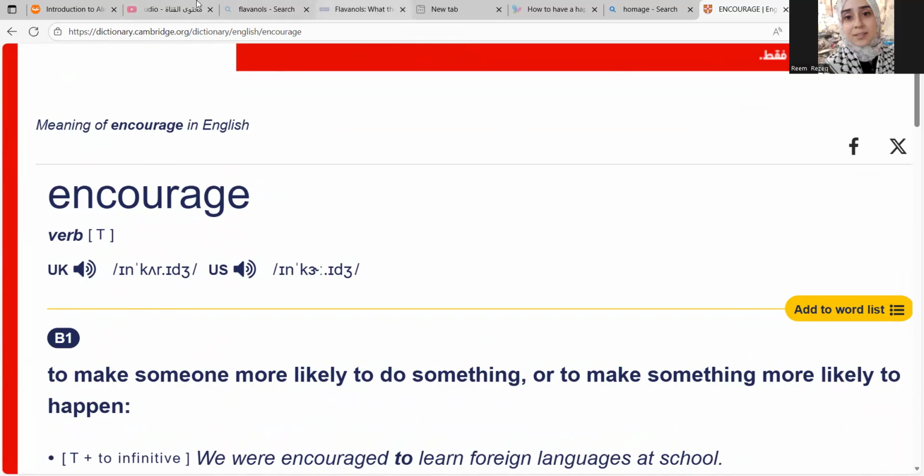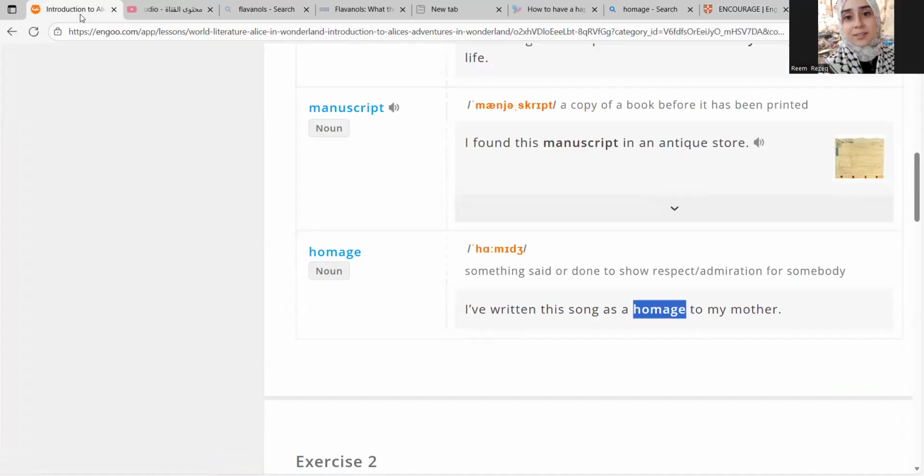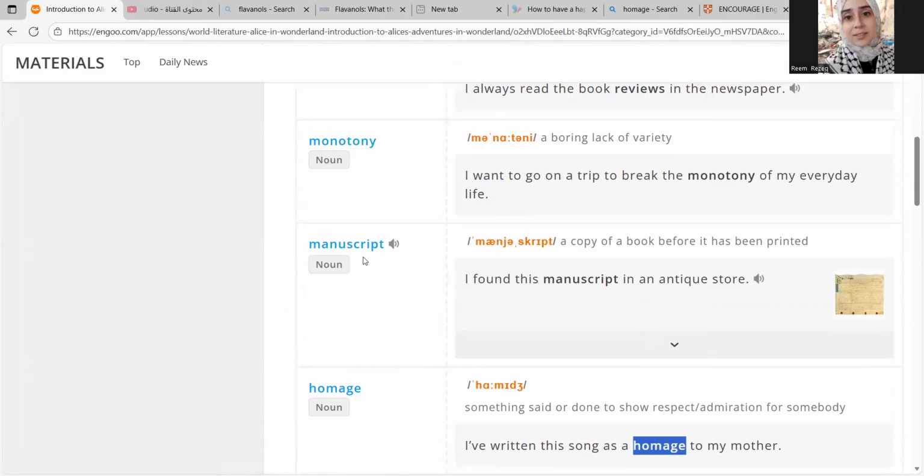So let's go back to what we had before. I've written this song as a homage to my mother, يعني as respect to my mother. Manuscript.